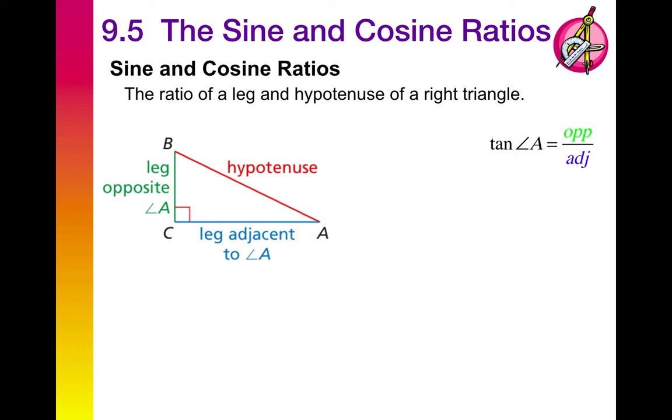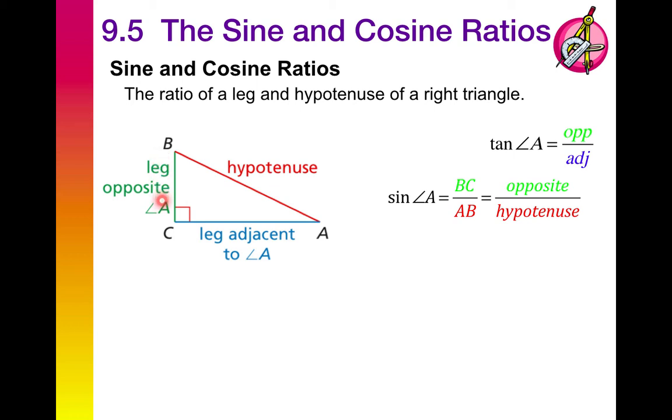Now I'm going to take a look at two other ratios. Specifically, I'm going to look at the sine ratio. The sine of angle A is the opposite leg over, instead of the other leg, the hypotenuse.